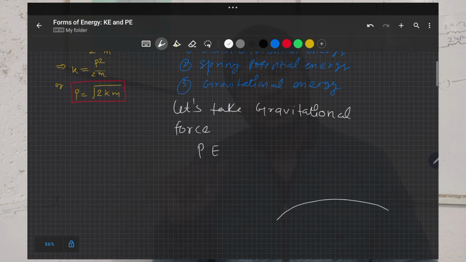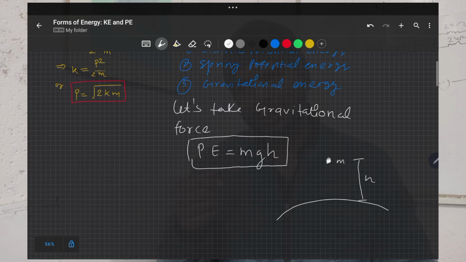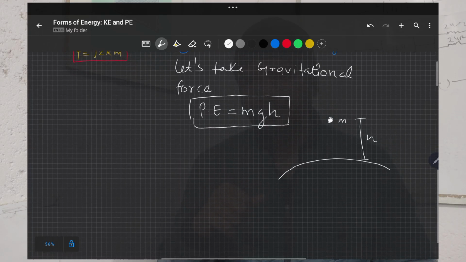In case of gravitational force it is mgh, where h is the position from the ground, that we call height, therefore the symbol x is not used here, h is used. In case of a spring it is given by half kx square, where k is the spring constant and x is the displacement from the mean position.